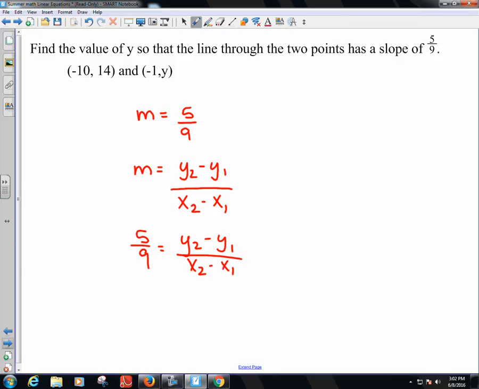So let's plug in some stuff. I'm going to come over here and label this x1, y1, and I'm going to label this x2, and this is y2. So now I'm going to plug things in.